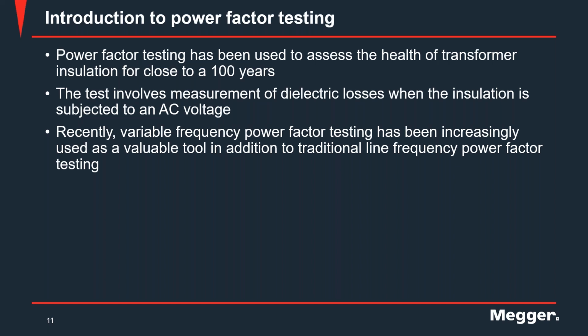It has been around for over 100 years, and it basically involves measurement of dielectric losses. Recently, the industry has shown a tendency to explore and focus more on variable frequency power factor testing to assess the health of the insulation of a transformer. And we're going to talk about that towards the end of the presentation.